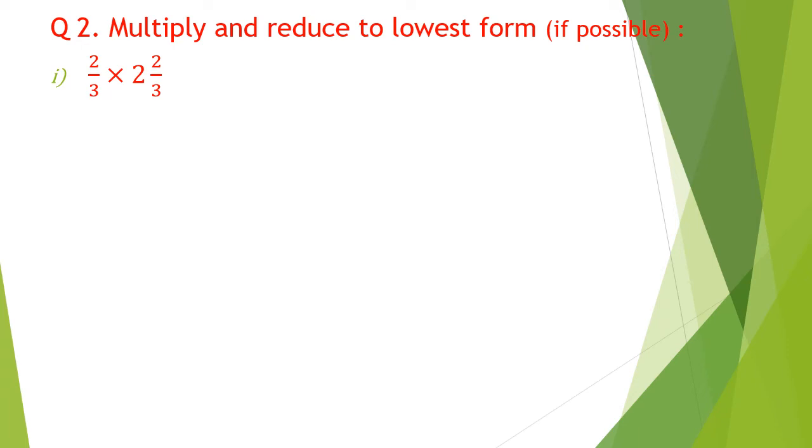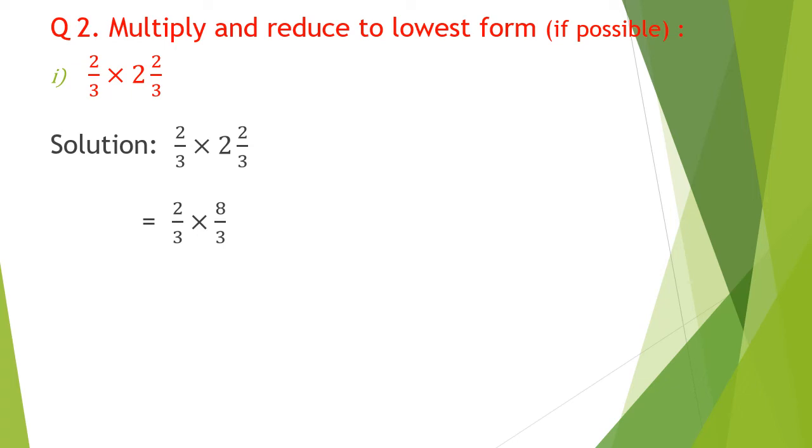So in the first step we convert the mixed fraction into an improper fraction. Then apply the rule of multiplication of a fraction by a fraction. 2 by 3 multiplied by 2 integer 2 by 3 gives 2 upon 3 multiplied by 8 upon 3.